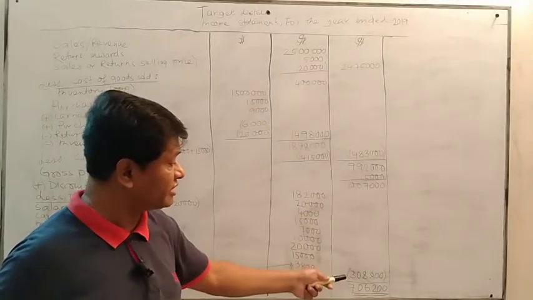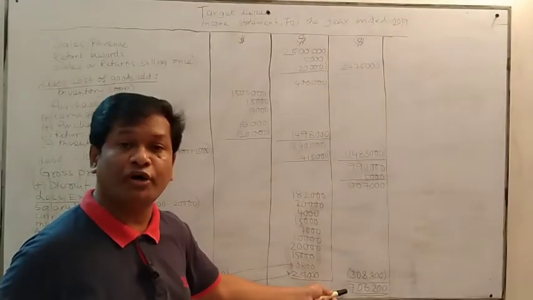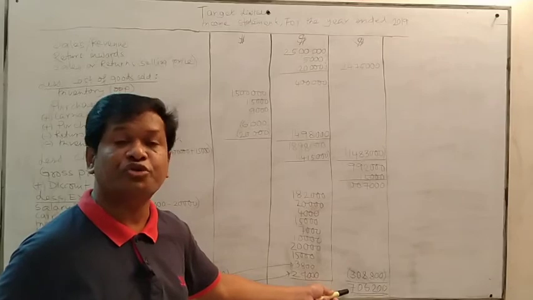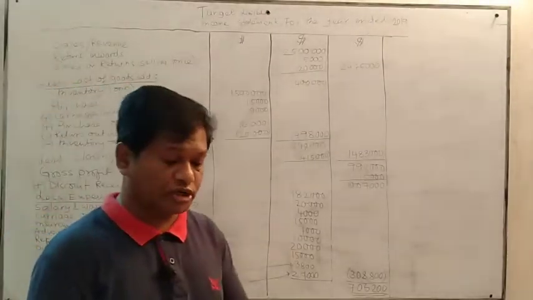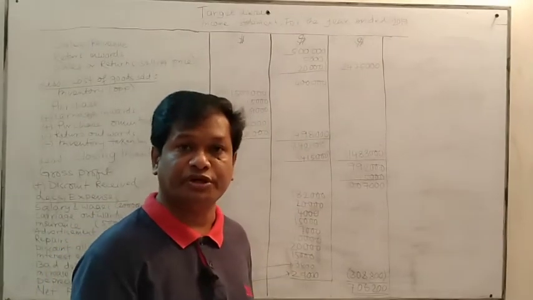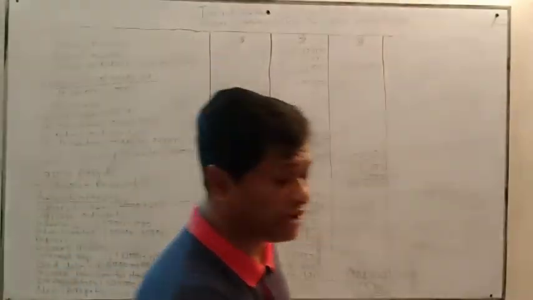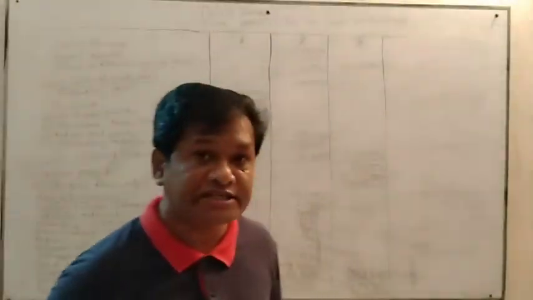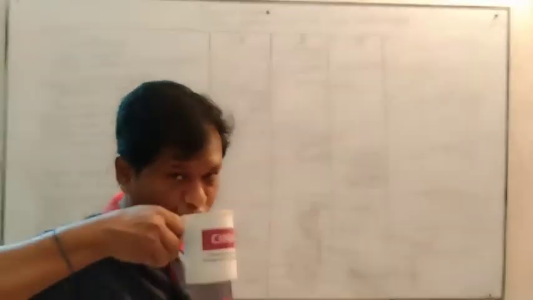Subtracting this amount, the figure you got is 7 lakhs 6,200, net profit. This profit goes to the company owners, their pockets. This is the return on their investment, who are making the company. They have to enjoy this profit, that is 7 lakhs 6,200.